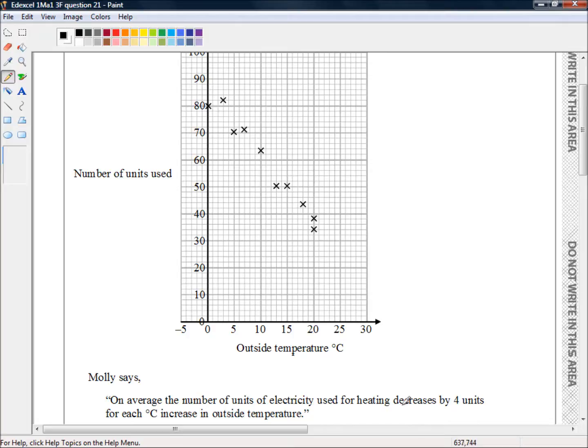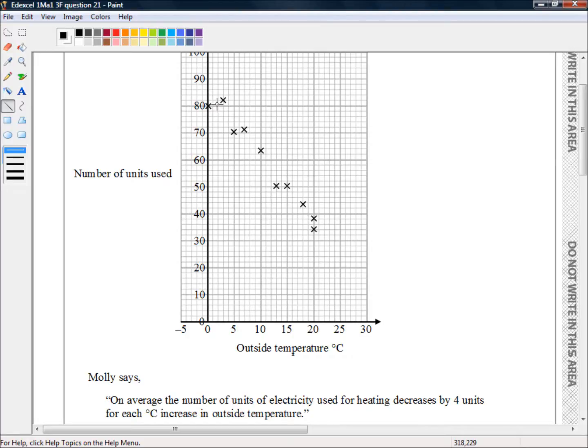So she's right that it's decreasing, but is it decreasing by 4 units for each degree C? For that we're going to have to estimate the slope. And here we've got just a load of x's, so we're going to need to draw a line of best fit and then measure the slope of the line of best fit in order to estimate the slope of this data.